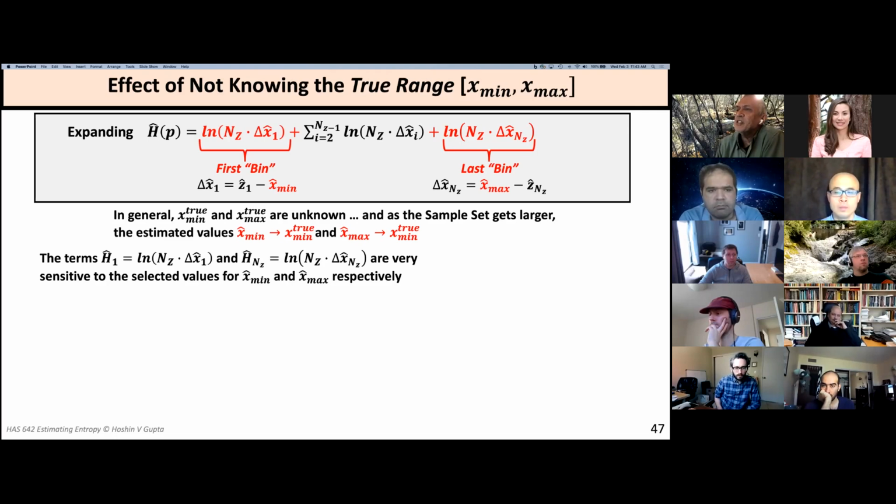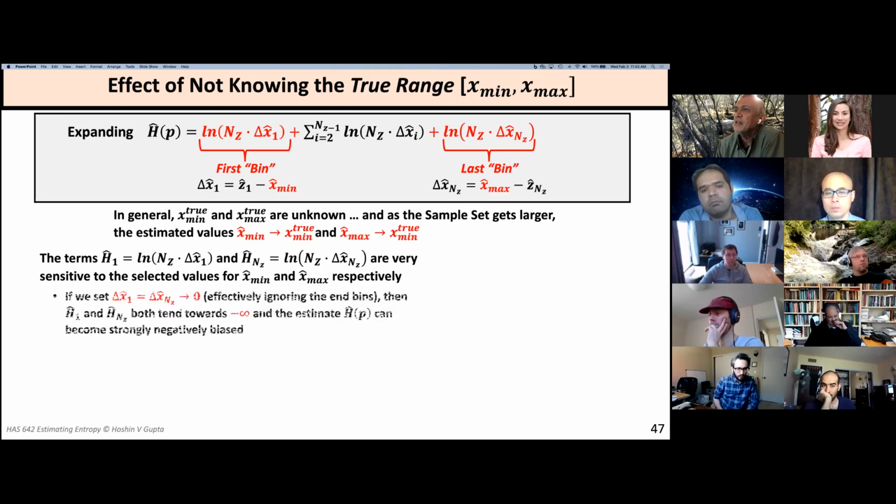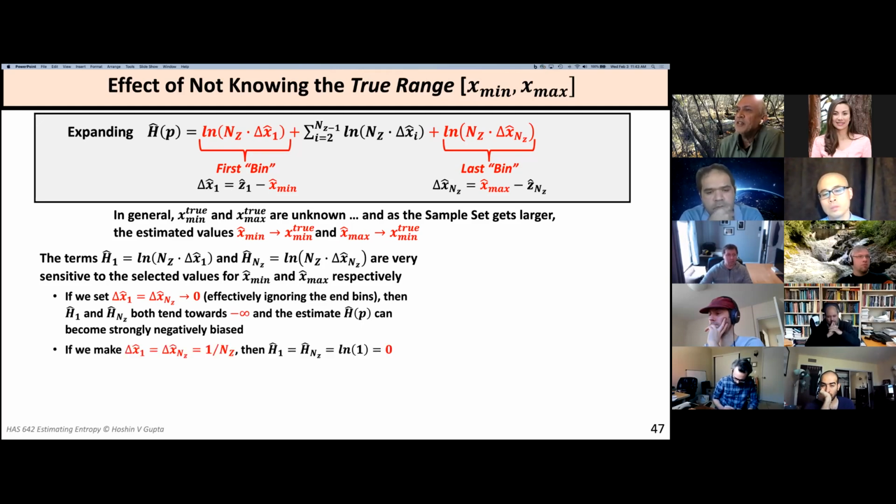But you can see that the terms log NZ delta X1 and log NZ delta X NZ are very sensitive to the selected values of X-min and X-max. If you choose delta X-min such that delta X1 goes towards 0, then log of 0 is negative infinity. So you're adding a term that is negative infinity. If you choose delta X1 and delta XNZ so it's 1 over the number of quantiles, that term becomes 1 and log of 1 is 0.